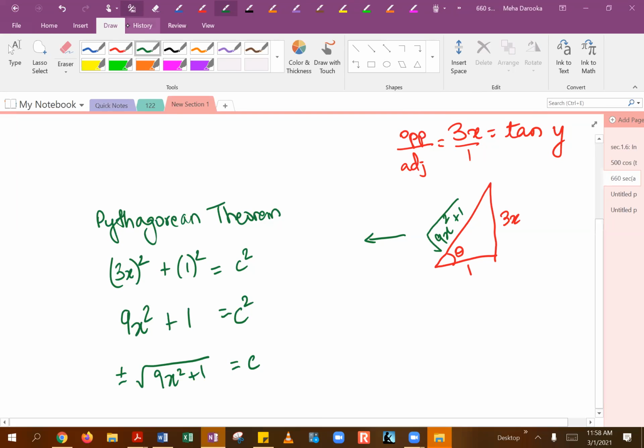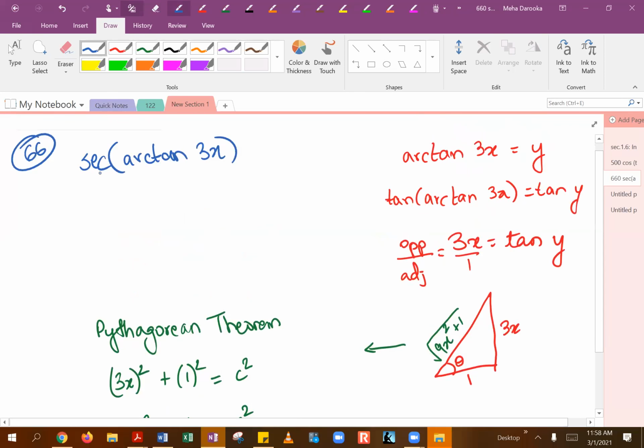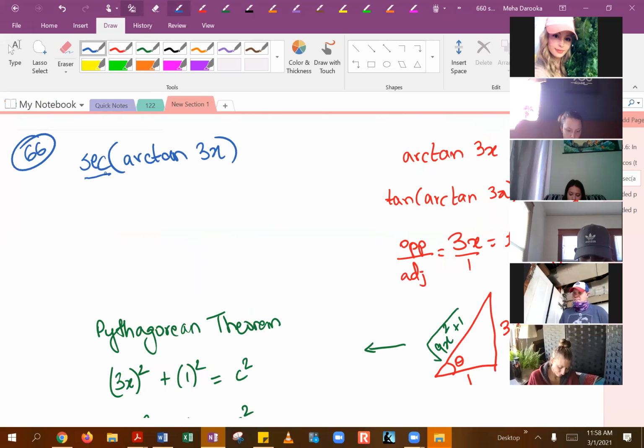Okay, so now that we have all three sides of our triangle over here, how will you use that to find your secant function? So how will you come up with the secant function?